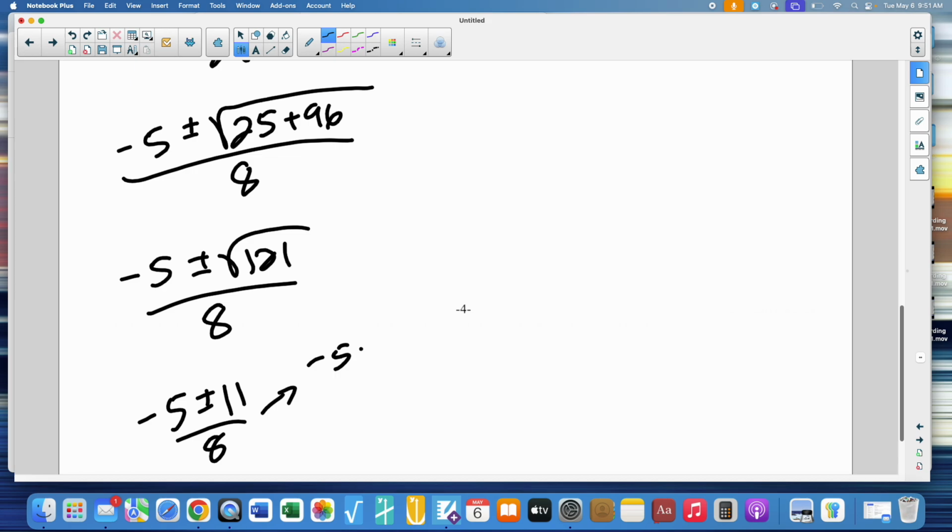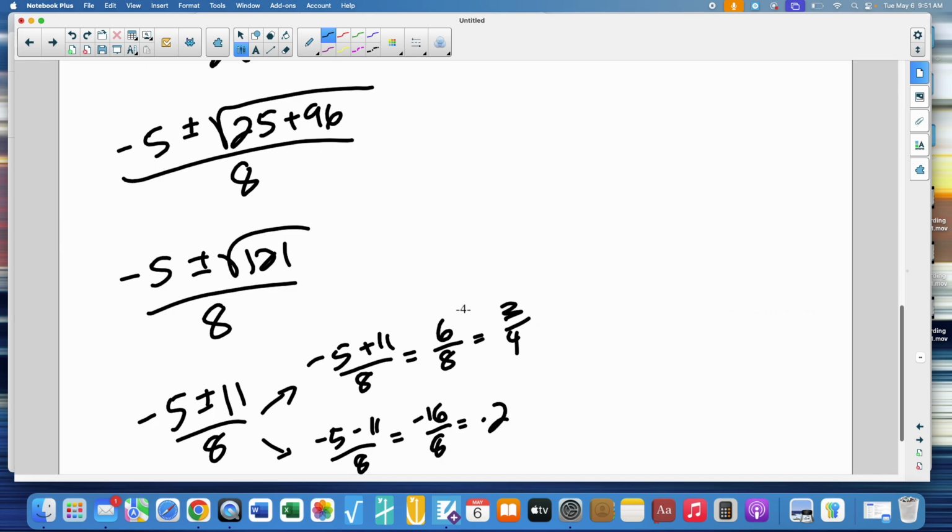We get negative 5 plus 11 over 8. And we get negative 5 minus 11 over 8. That's going to give me 6 over 8, or 3/4. This is going to give me negative 16 over 8, or negative 2. So the solution is negative 2, comma, 3/4.